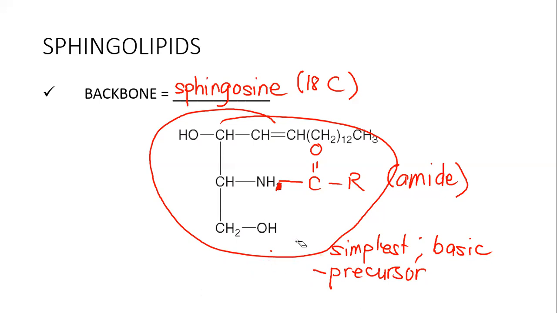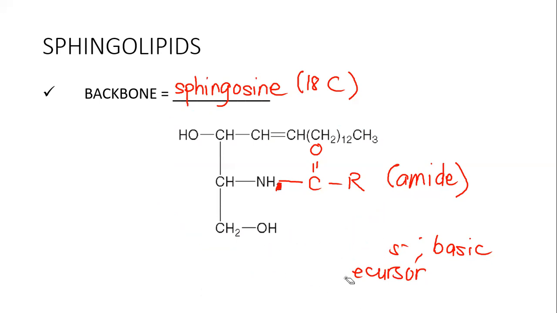So now, class, if ceramide is the basic structure, the simplest sphingolipid and the precursor of the different types of sphingolipids, where do the different types vary?